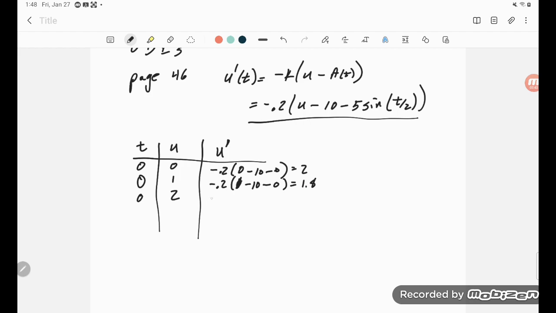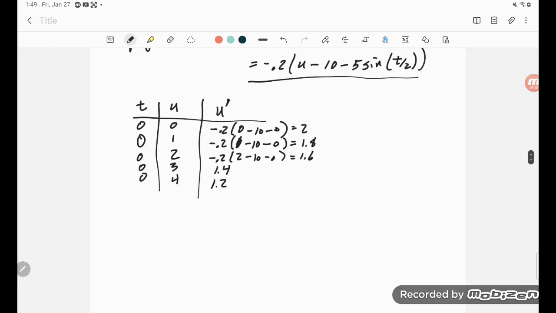And then at 2, we'd get 1.6, and let's do a couple more, 3 and 4. Here we get 1.4 and 1.2.